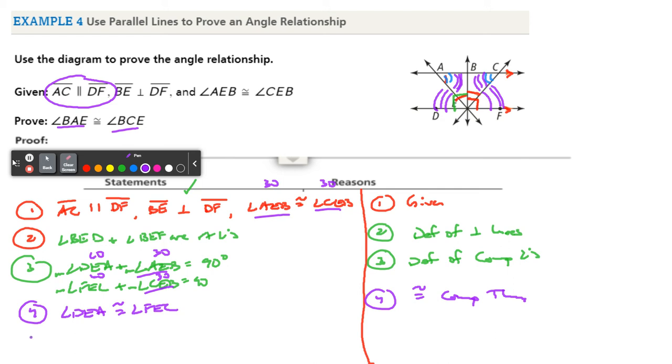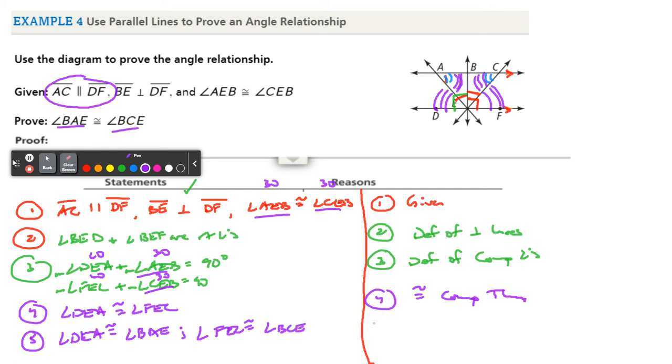So here's what I'm going to do in step 5. I'm going to talk about these two angles being congruent to their alternate interior angles. So angle DEA is congruent to angle BAE. And angle FEC is congruent to angle BCE.